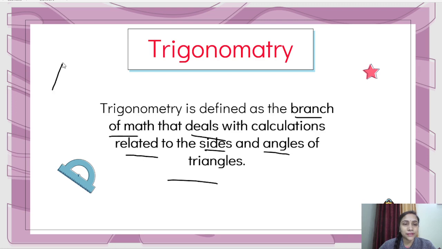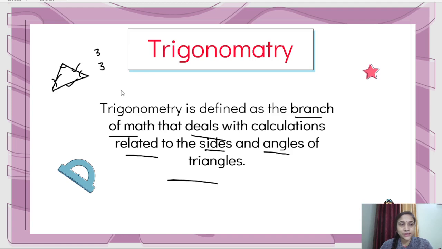If we consider a triangle like this, these are known as the sides, and these are the angles of the triangle. The number of angles in the triangle is 3, and the number of sides is also 3. So trigonometry is related to the sides and the angles of the triangle.